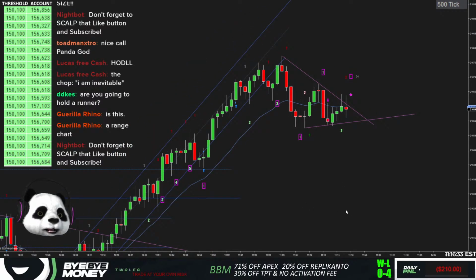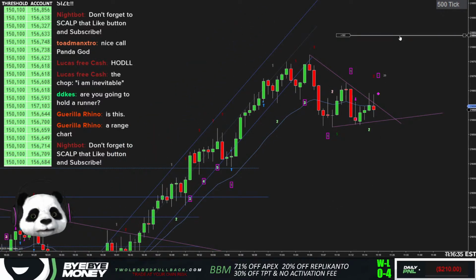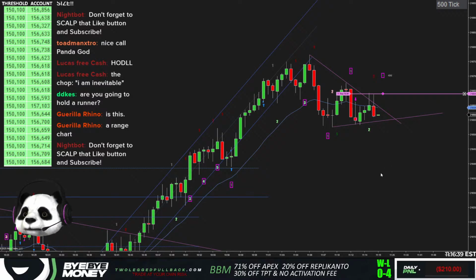I mean, I could try here. I could try. It looks a bit bearish to me. Looks a bit bearish. We're making lower highs, but higher lows.